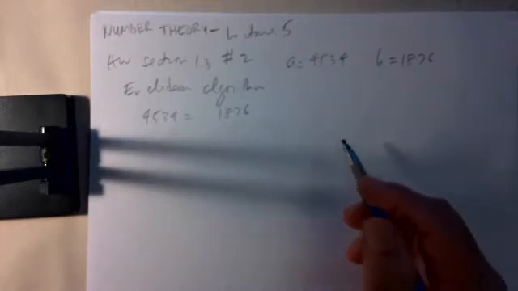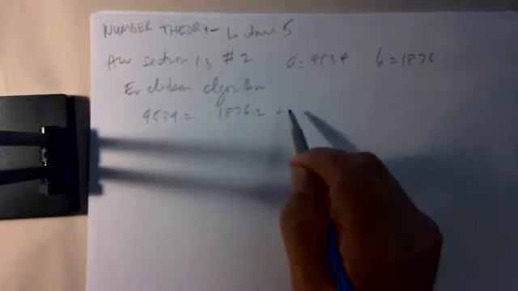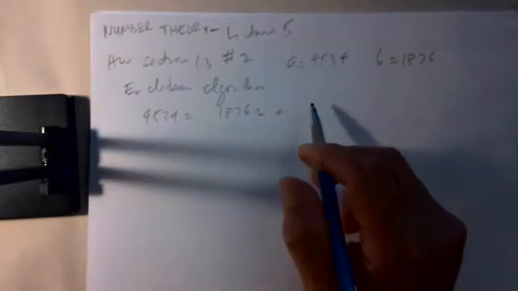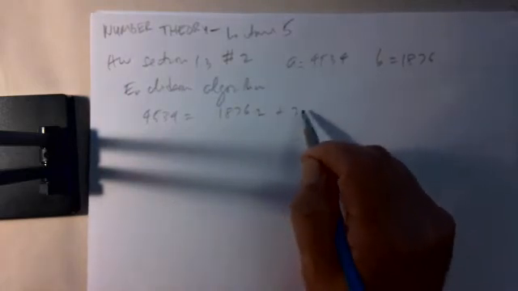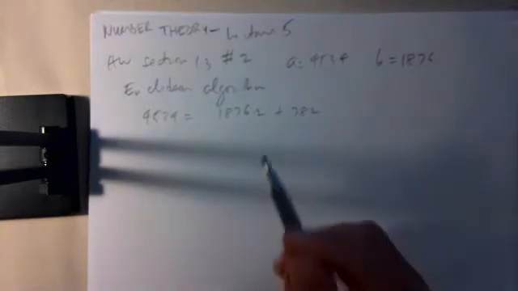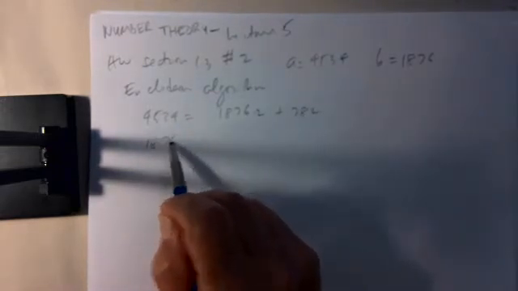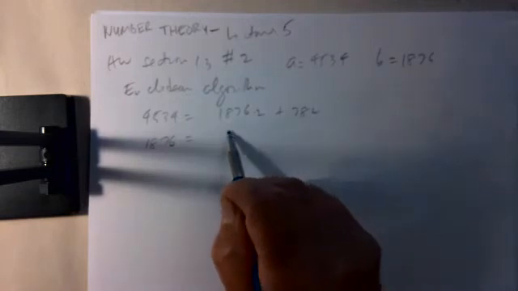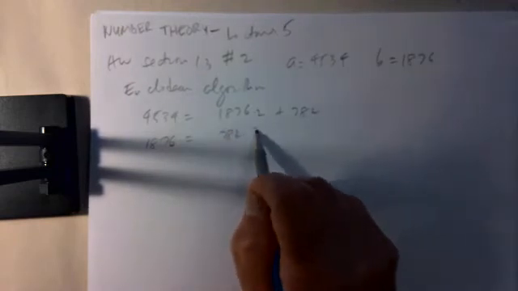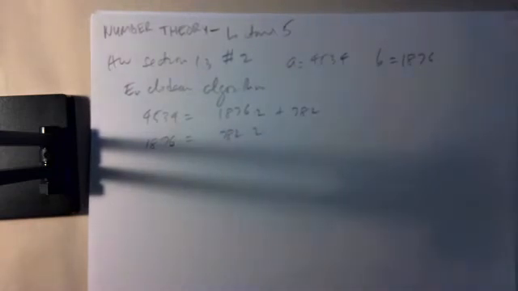Okay, so this is times 2 plus, and what is the remainder? 782. Okay. Then we take 1876, divide by 782. I guess that goes 2 times. And what is the remainder?